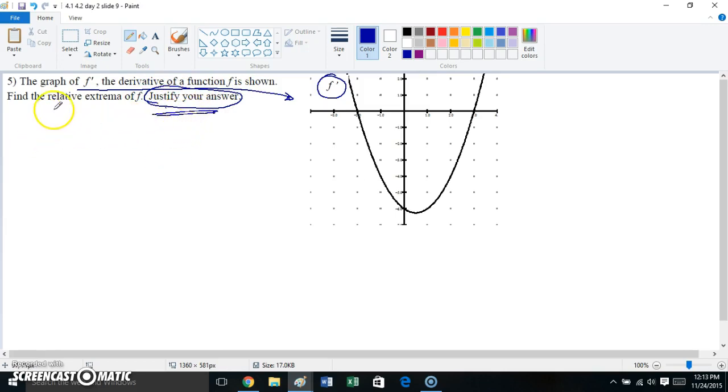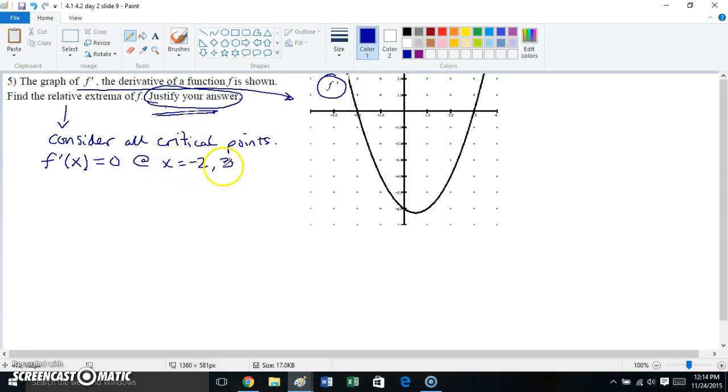All right, so if I want to find relative extrema, I'm going to consider all critical points. So looking at this derivative, f prime of x is equal to 0 at x is equal to negative 2 or positive 3.